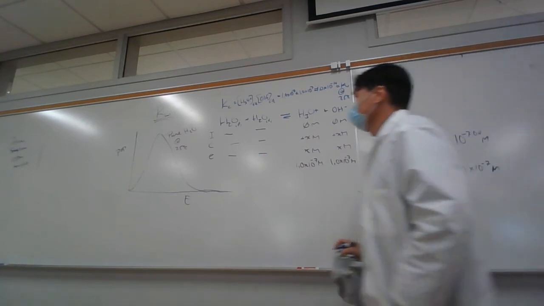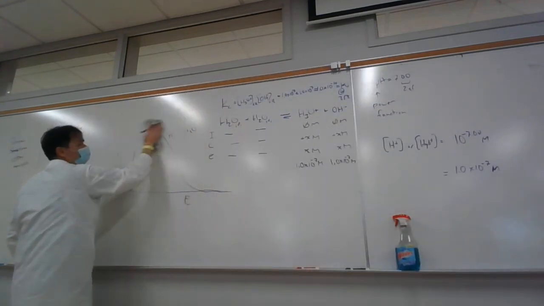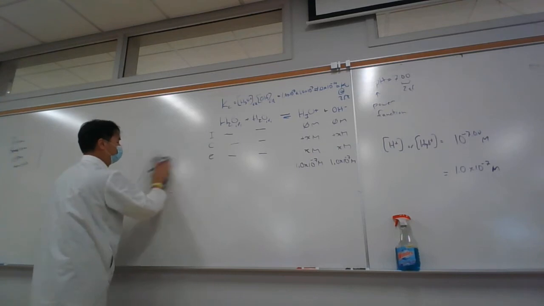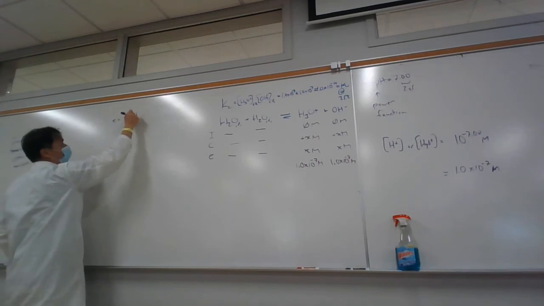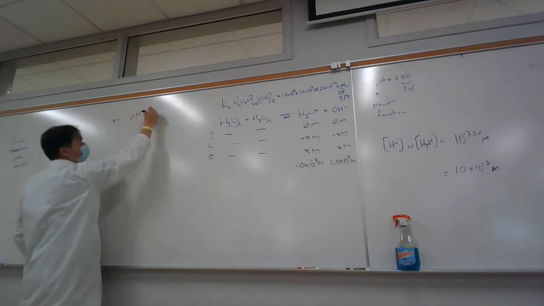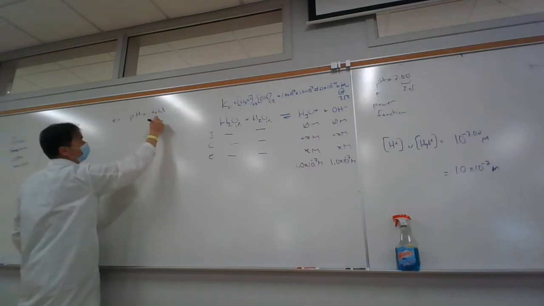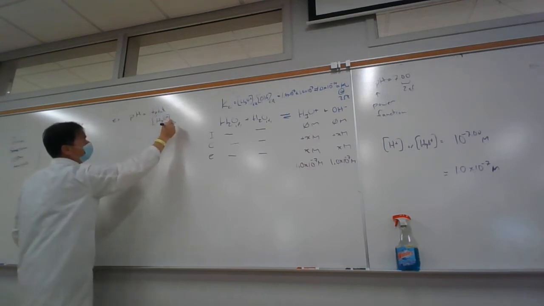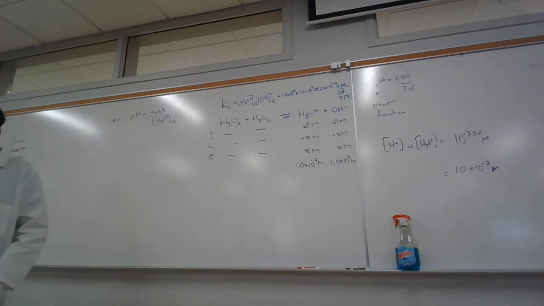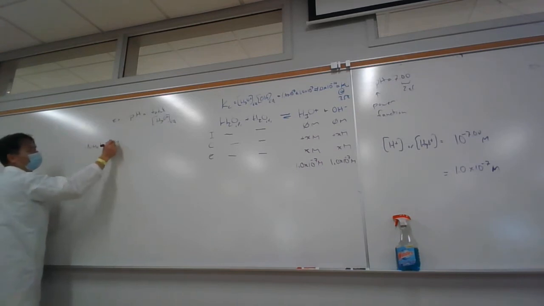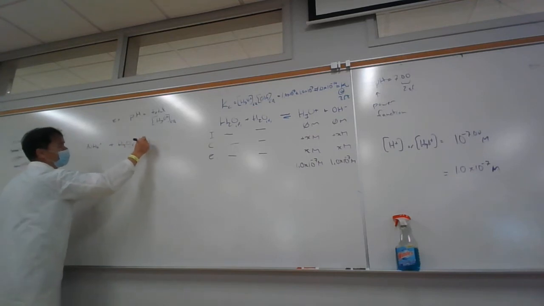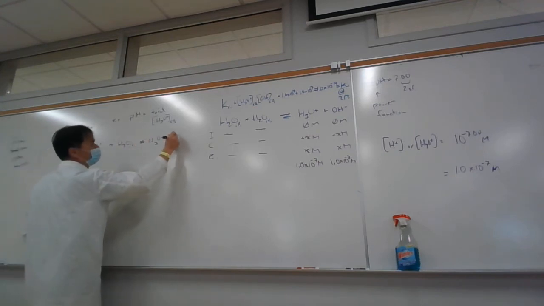Actually, let me do it over here. The pH we measure is the total hydronium at equilibrium. When I did my calculation, I set up an ICE table. We had ammonium plus water giving us hydronium plus ammonia.